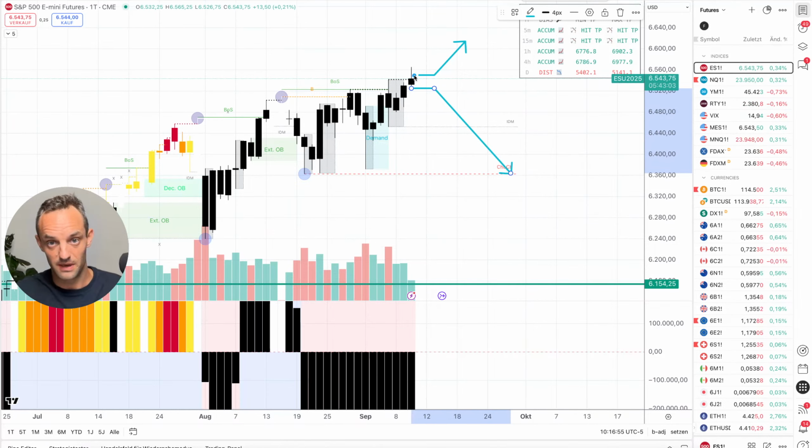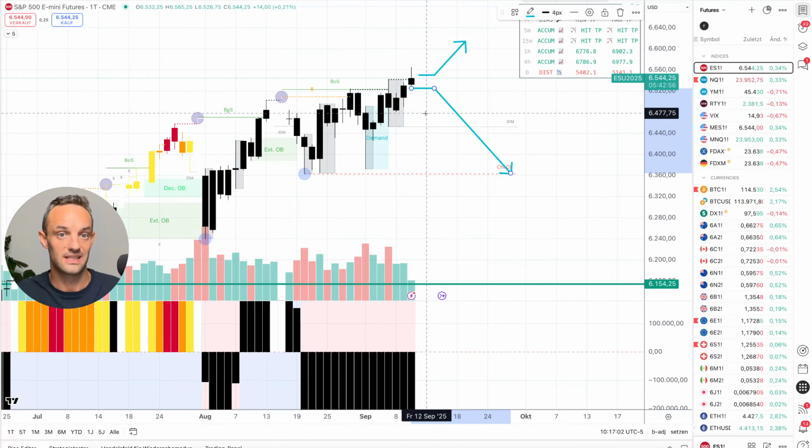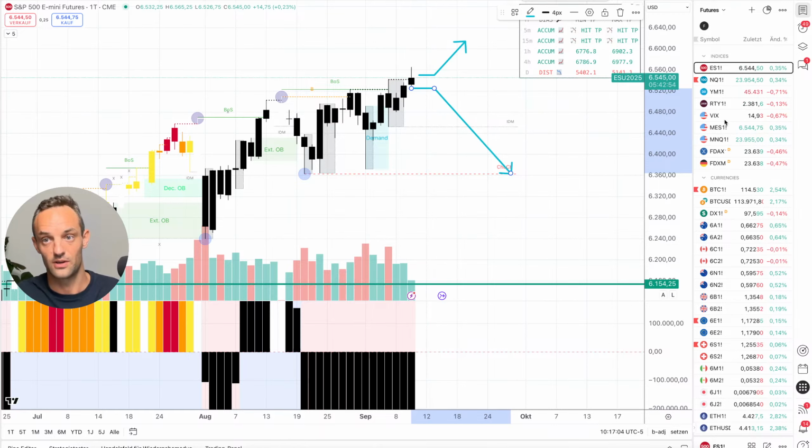Especially with the news, it might be choppy here. We can continue to drift tomorrow as well, and of course, we have to adjust these levels.